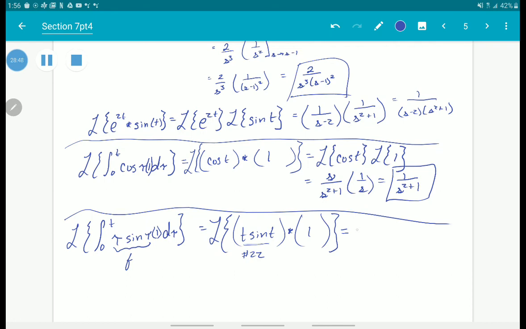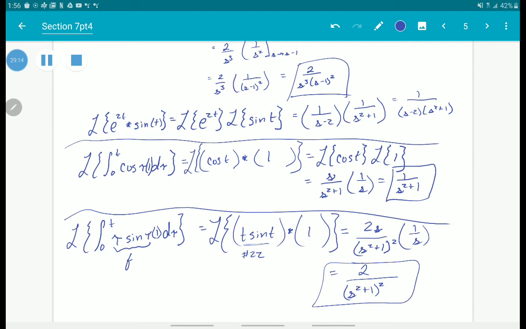And that Laplace is going to be 2s over s squared plus 1, quantity squared. And then the Laplace of 1 is just 1 over s. So we're going to have some things reduce. So there's our final answer.